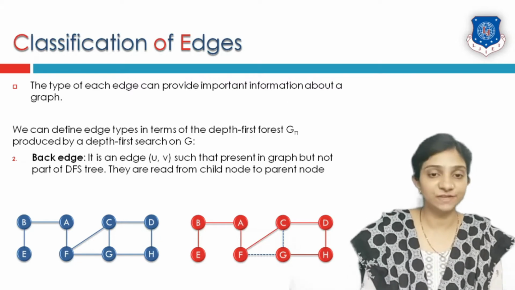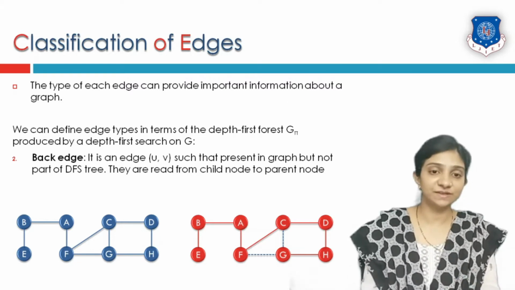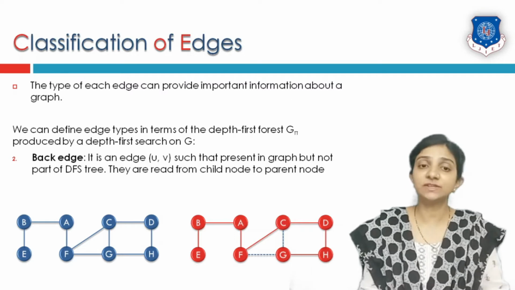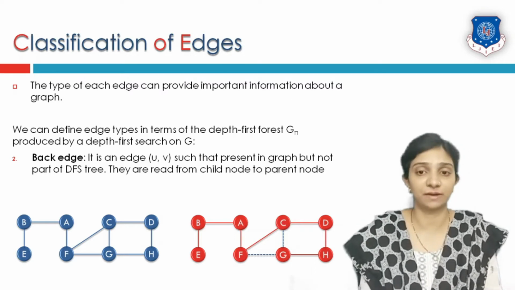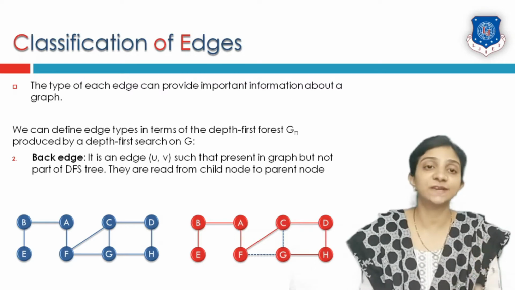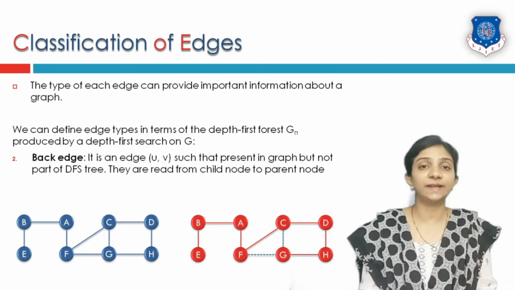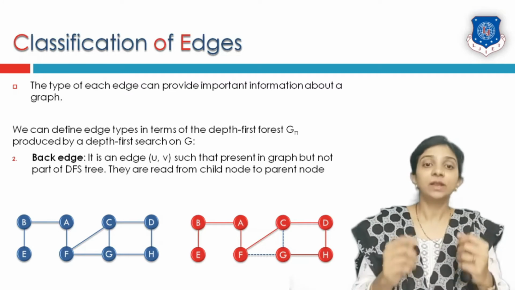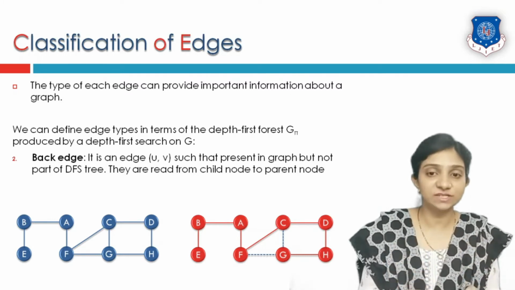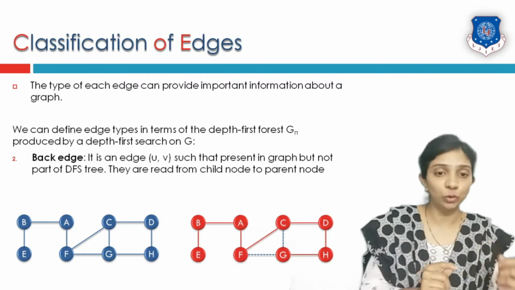Inside this DFS tree there are some edges which are not included but which are originally present in our graph, like an edge connecting vertex C and G and another edge connecting vertex F and G. Both of these edges are read from child to parent.